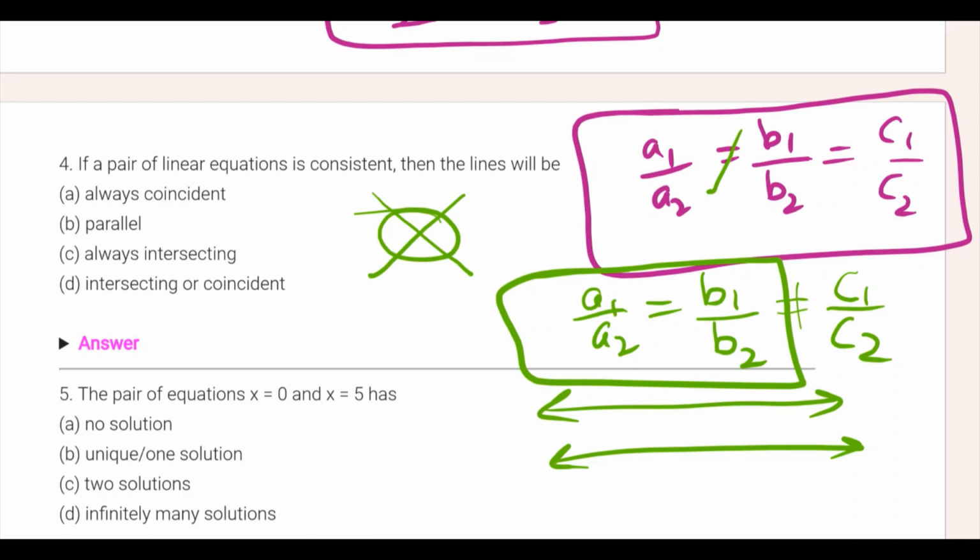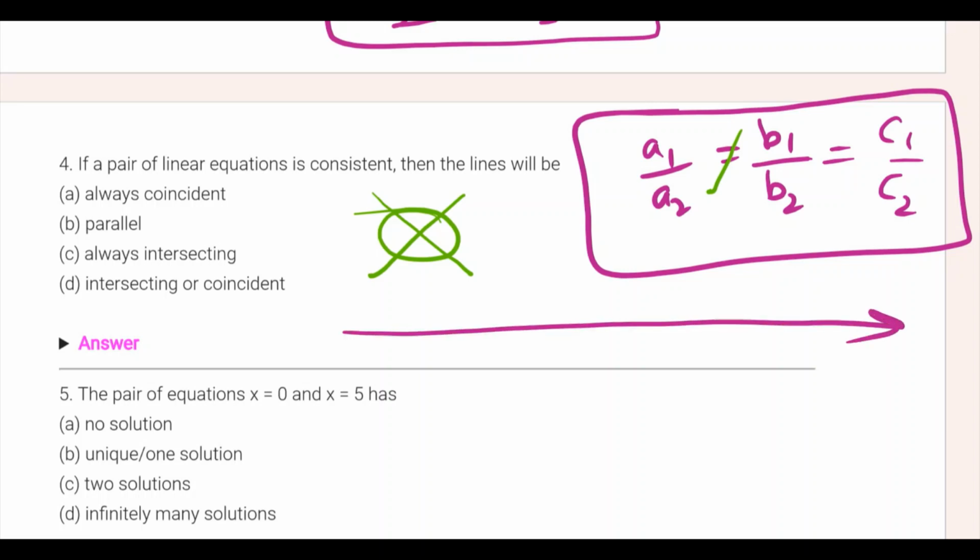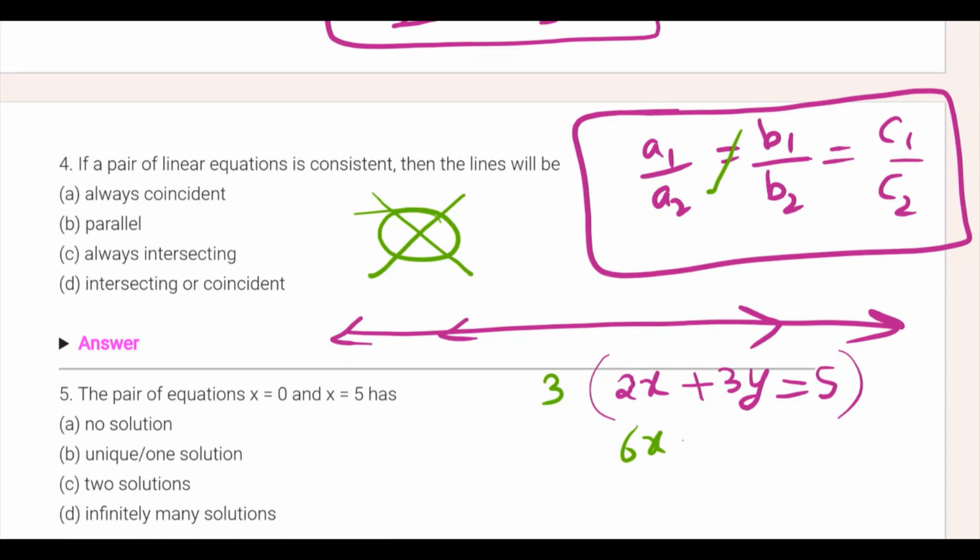And the third possibility is that if a1 by a2 equals b1 by b2 equals c1 by c2, we say that the lines are coinciding. The meaning of coinciding is that it's the same line. If you take a linear equation like 2x plus 3y equals 5, and multiply the entire equation by a number, let's say 3, it is 6x plus 9y equals 15.